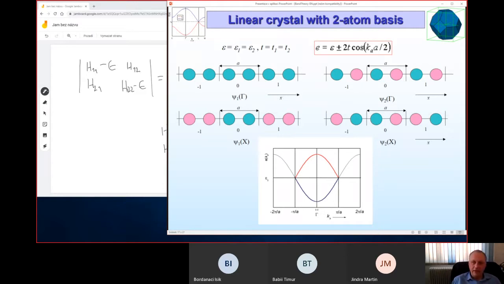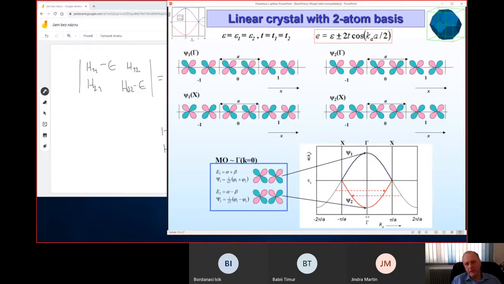But now let's release these parameters such that we first consider the same energies but different transfer integrals, or the same transfer integrals but different energies. And this is shown, no, not yet. This is just an example of orbitals of different symmetry.